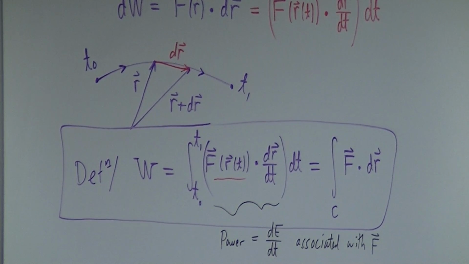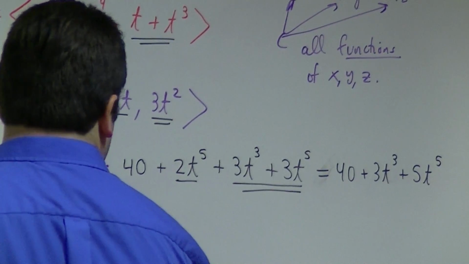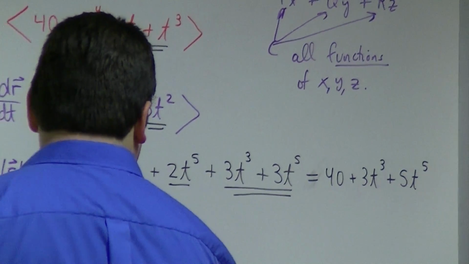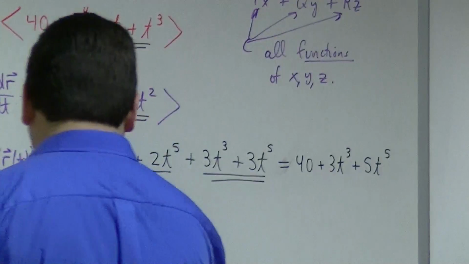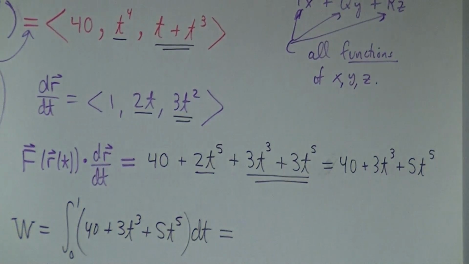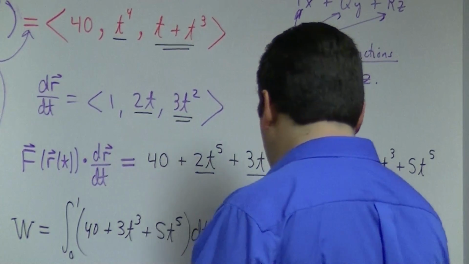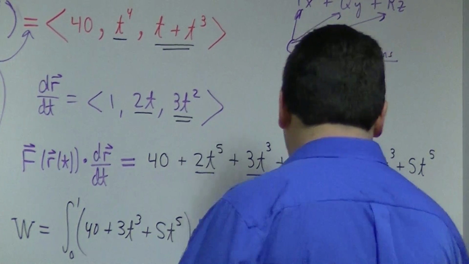Okay, then let's calculate work. What do we got? Work is the integral from 0 to 1. I think we can do this integral, right? 40 plus 3t cubed plus 5t to the fifth dt. So we've got 40 plus 3/4 plus 5/6.